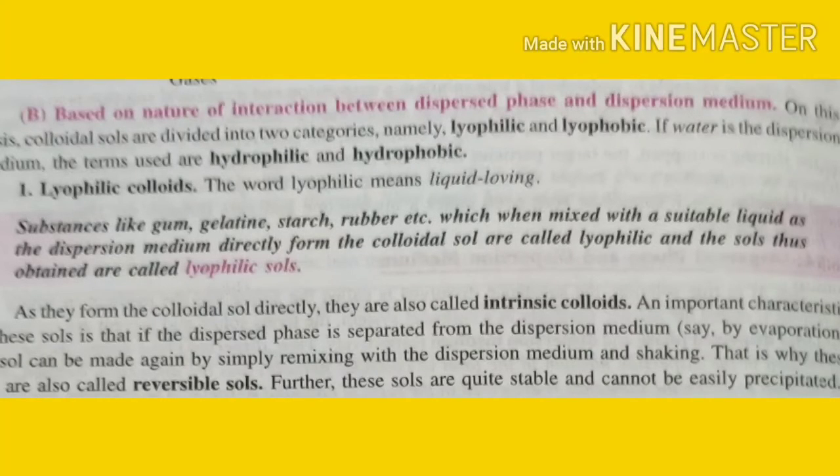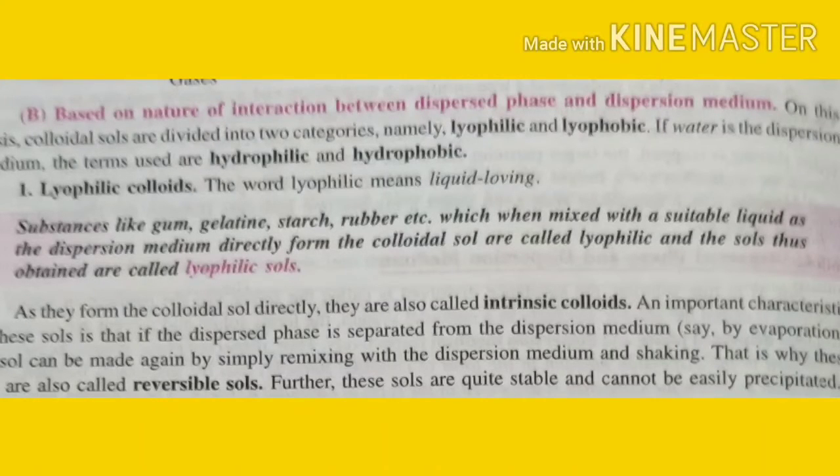So we can take the example of the sol of starch. Starch can be converted into a sol very easily just by mixing with water and heating it. Then you will get a sol of starch. And when we evaporate the solution, we can again collect the starch. And when you again mix it with water, you can make the sol again.